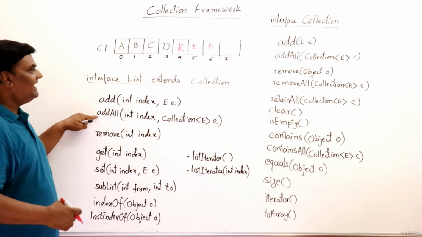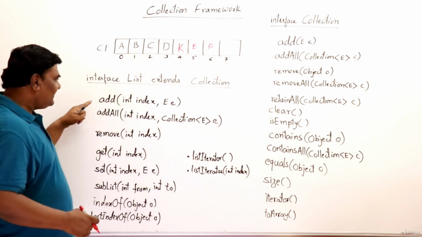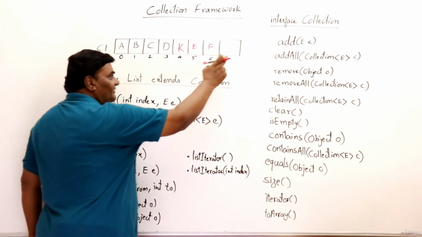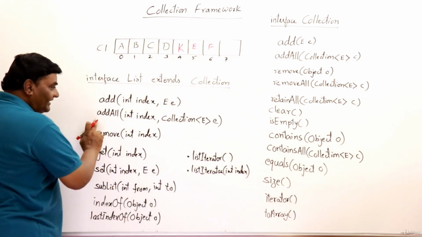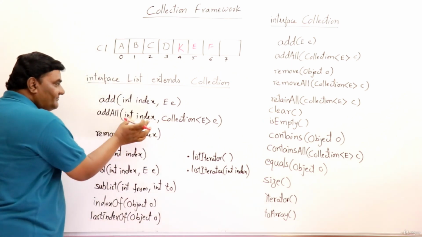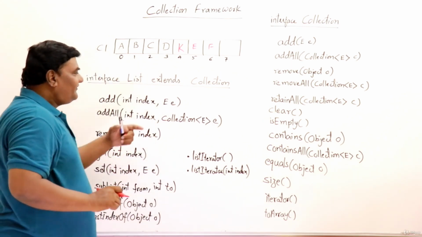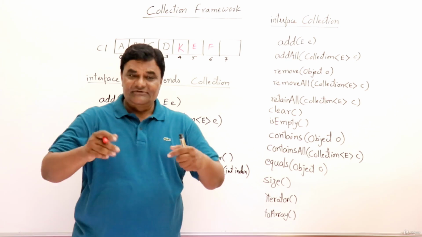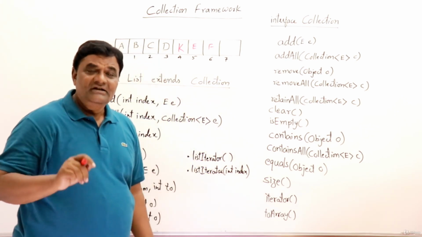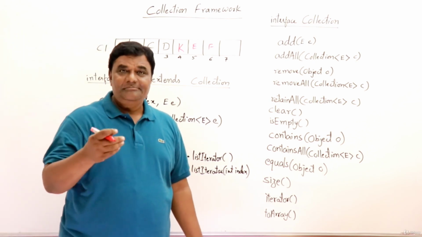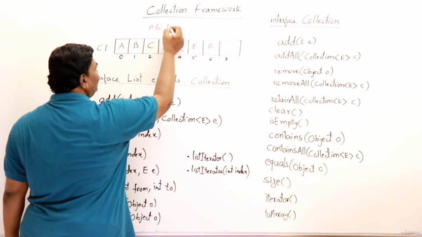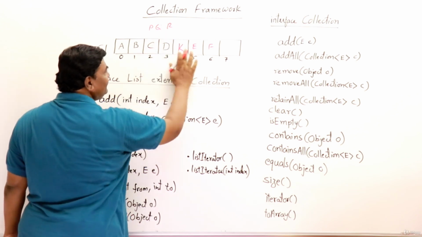The next method is addAll. So a total of 4 methods are there for adding one element or a collection of elements. This is similar to addAll, where you can mention the collection, and here you can mention the index also. So if I have to insert more than one value from another collection starting at some given index, suppose I want to insert 3 objects, let us say P, Q, R, at index 2, then P, Q, R will be inserted by shifting these objects.